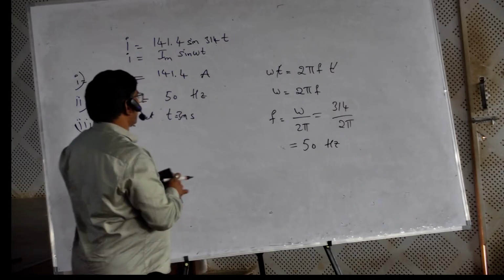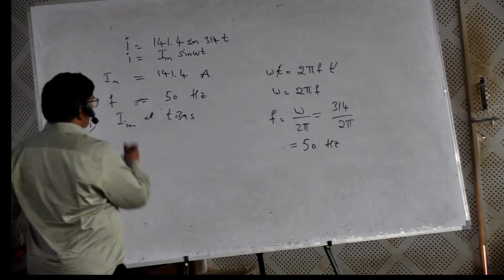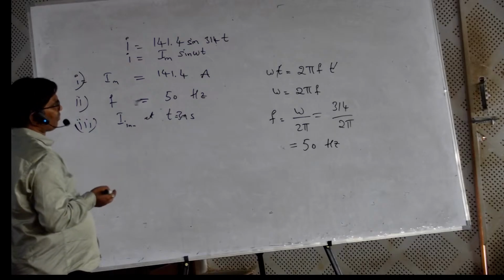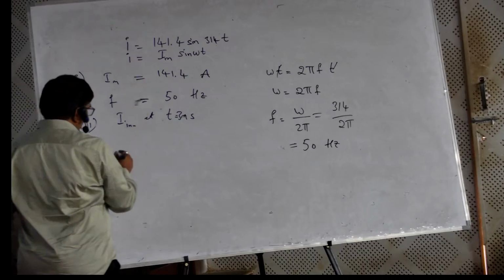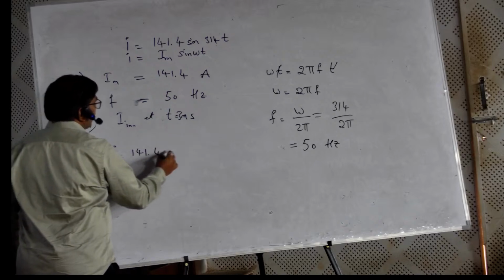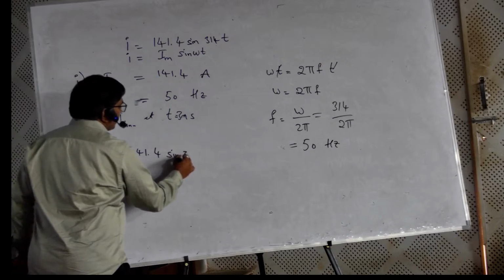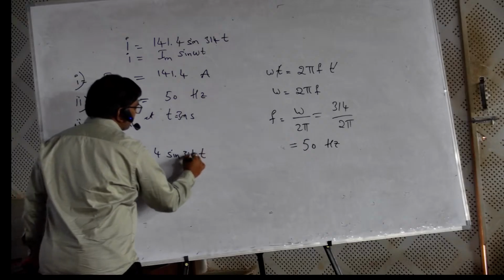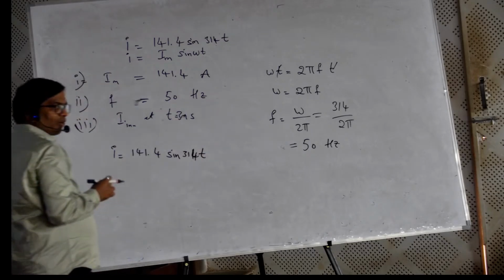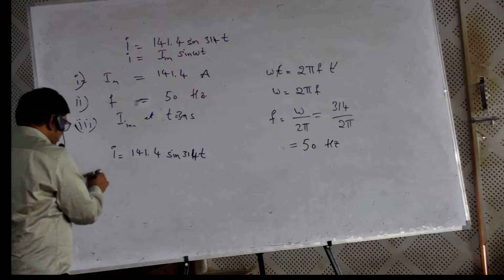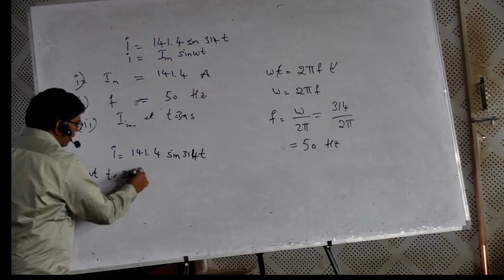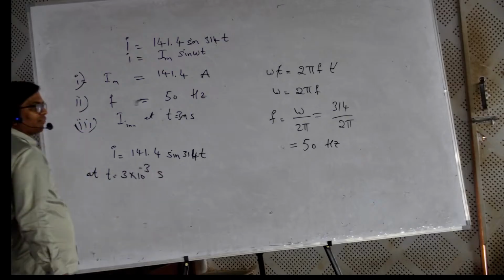Okay. Next one. Instantaneous value at t is equal to 3 milliseconds. So here, see, I is equal to 141.4 sin 314t. We do not know the value of t. Now he is asking about t, 3 into 10 to the power of minus 3 seconds.